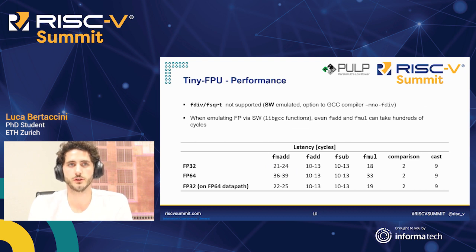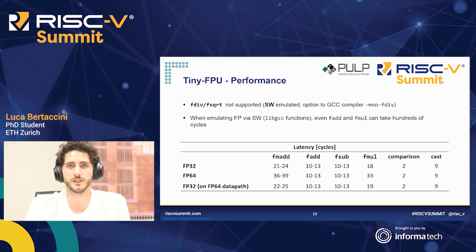We decided not to include support for floating point division and floating point square root. The reason is that these two functions are not often used, and the dedicated hardware to support them would introduce a large area overhead. For this reason, we decided not to support them.